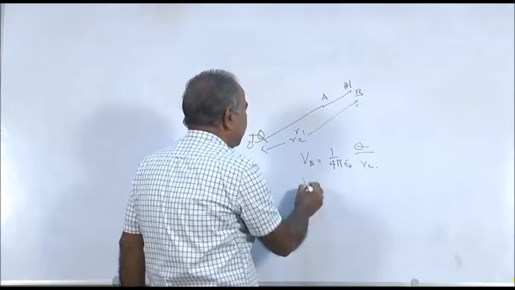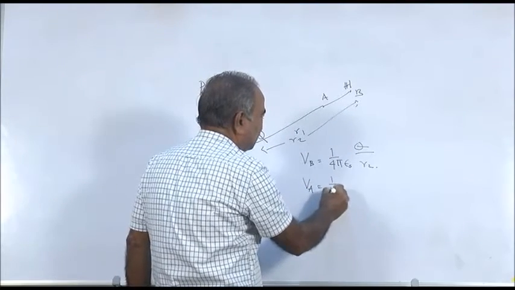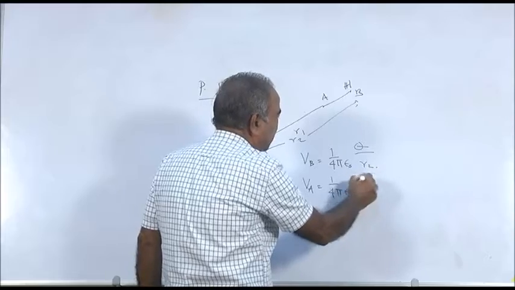Similarly, potential at A is equal to 1 by 4 pi epsilon 0 q by r1.